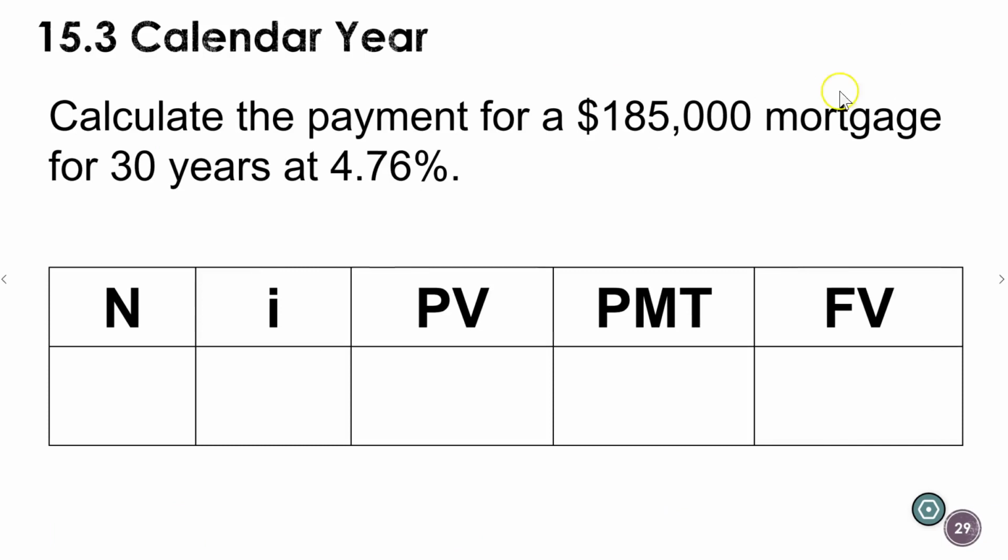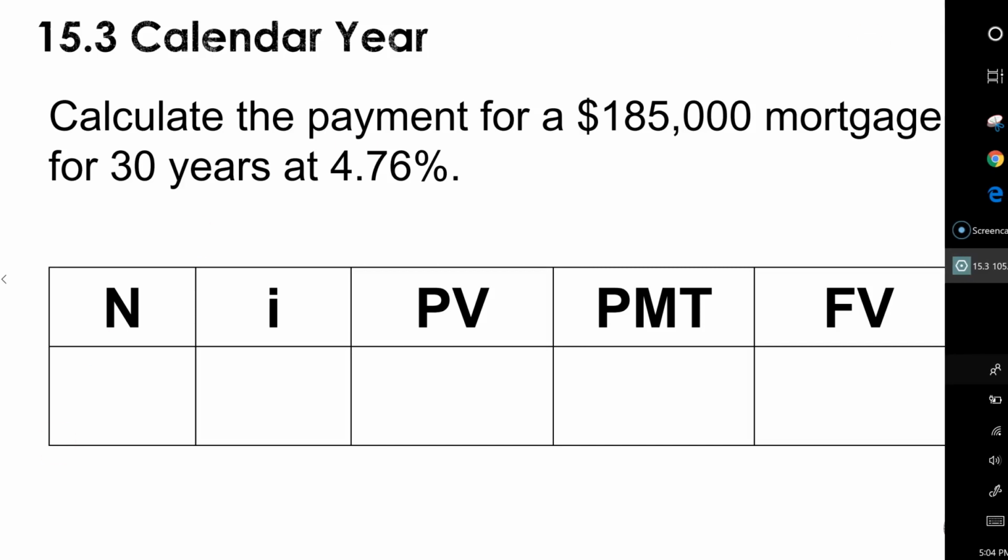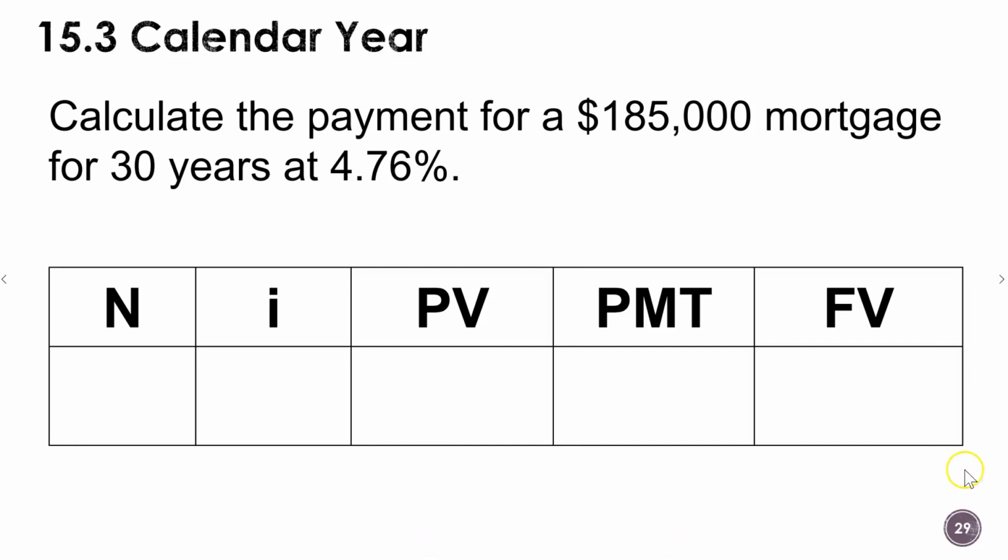And then we're going to put a mortgage on so we can talk about this some more. Okay, this thing keeps moving over. So let's get this loan on our calculators, and then we'll mess with this calendar year thing. So, 30-year loan, for $185,000 at 4.76%.